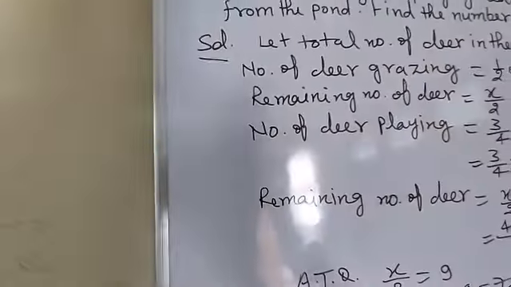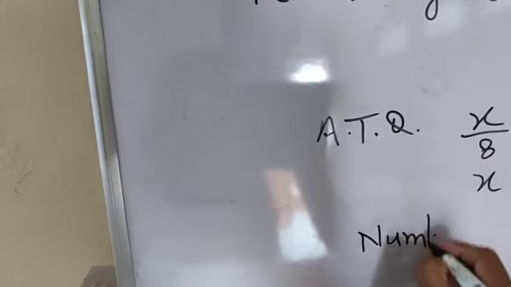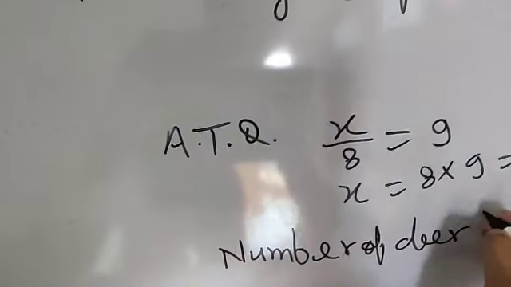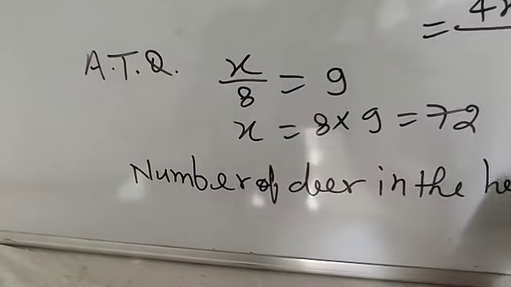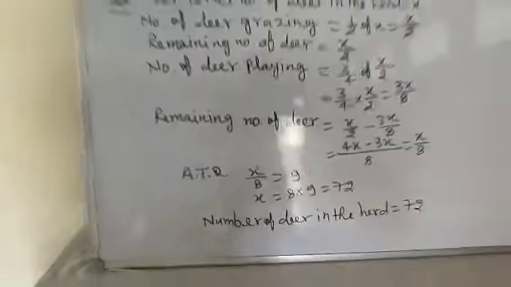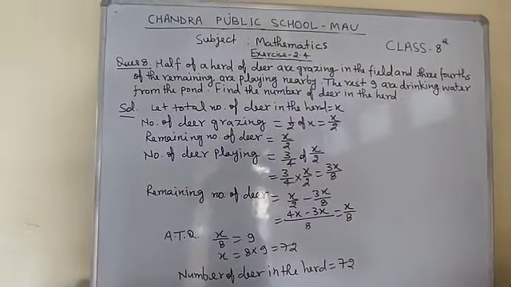So here you will write: number of deer in the herd equals 72.